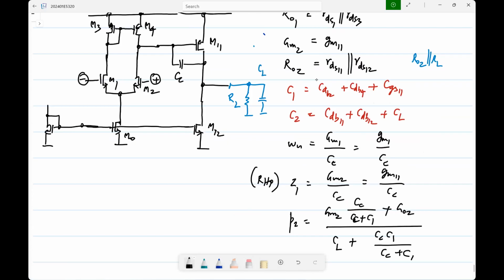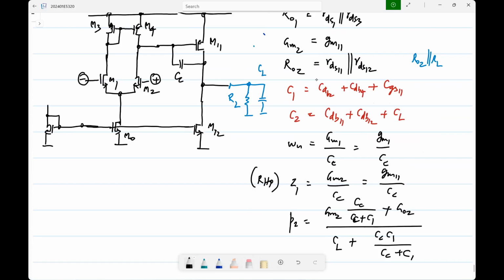From there, you have to decide the specs. If you have to have a certain bandwidth, you should have the unity loop gain frequency of that value. The non-dominant pole has to be some multiple of that, so the non-dominant pole tells you how much GM2 you may have to use.